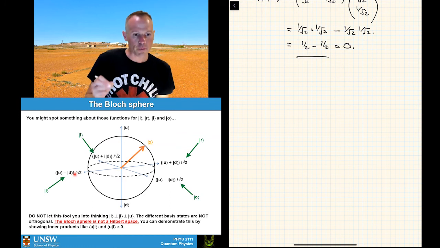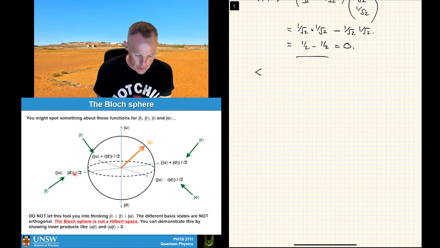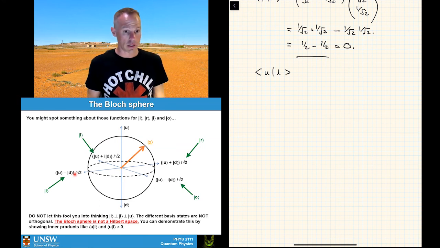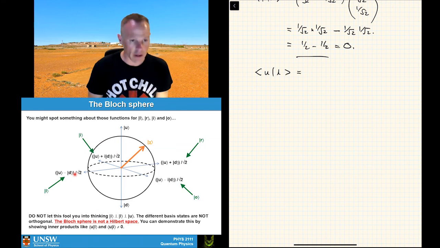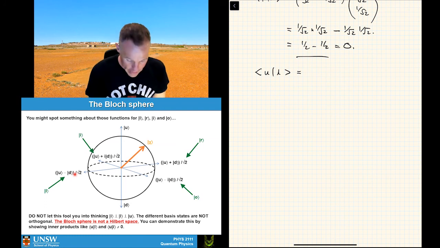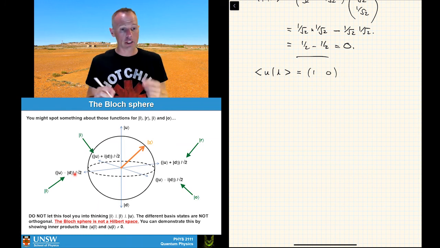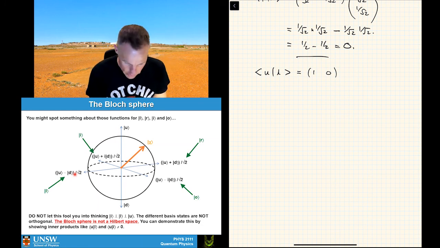If up was orthogonal to left, we should be able to write the inner product of up with left and get the answer to be 0. Okay, so let's do this. I'm going to speed up now because we're kind of used to this. Up as a ket is basically the 1, 0 row vector. We got left earlier in the lecture, it's 1 over root 2 up minus 1 over root 2 down. So it's now going to be a column vector, 1 on root 2, minus 1 on root 2.